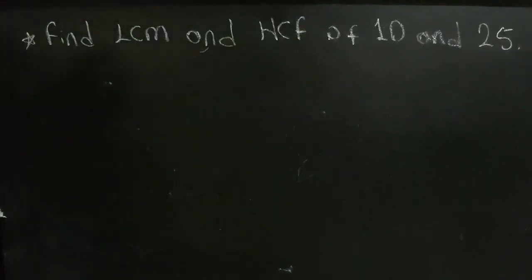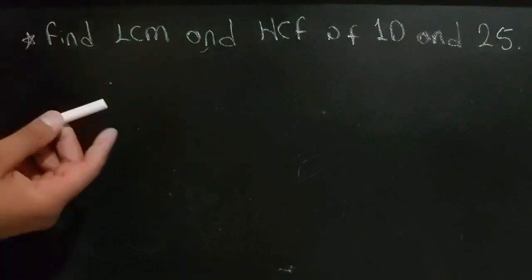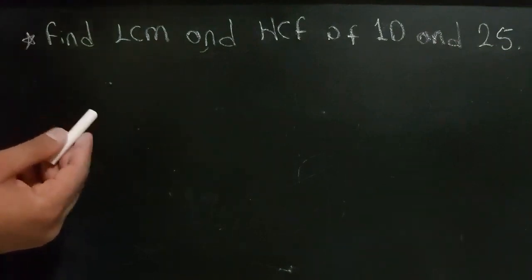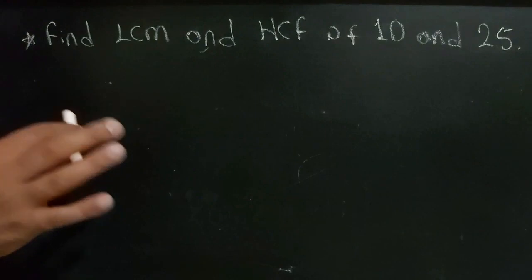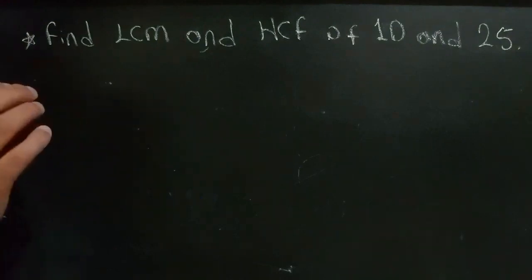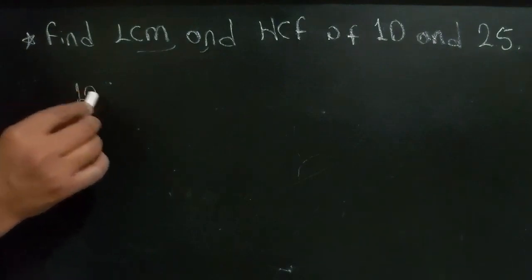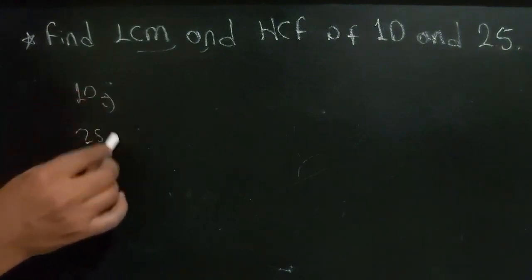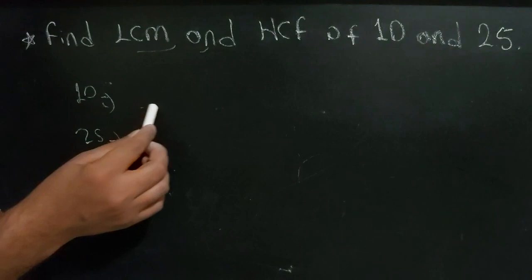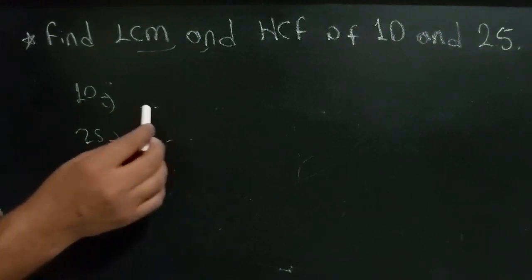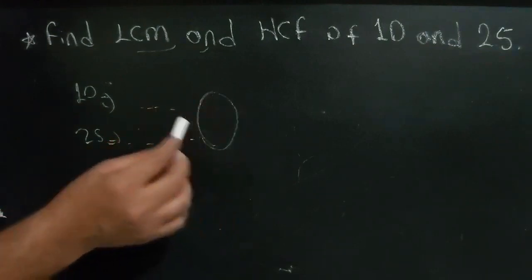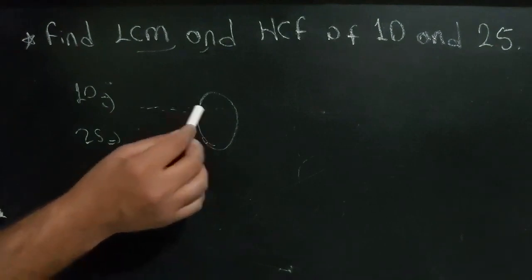Alright, now I can explain to you how to find LCM and HCF of numbers. See, in books, when they explain LCM, they write those two numbers like this, 10 and 25, and they write multiples of them till you get the common one. You go like this and you don't know where you are going to go.